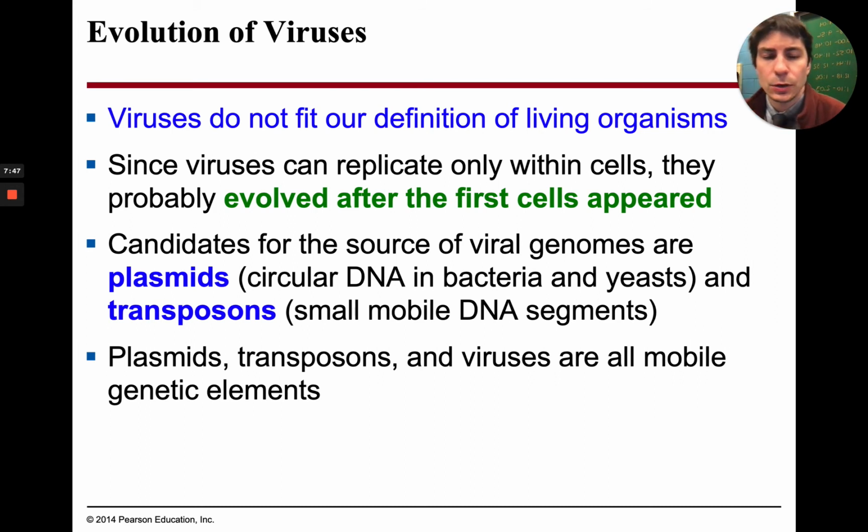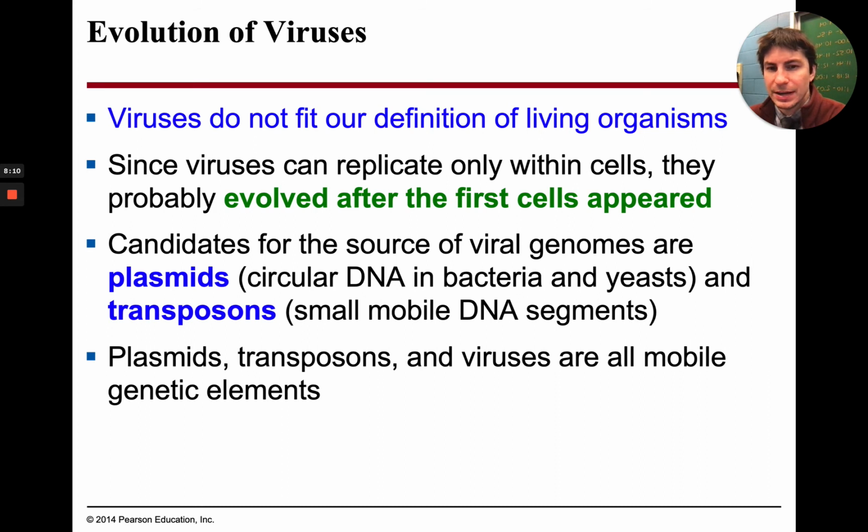Okay, so we got our cells, we got our DNA that made up our cells. In some organisms at the time, it might have been RNA. But the second thing is, where did the viruses get their DNA from? Well, there are plasmids, which we talked about in a previous chapter.